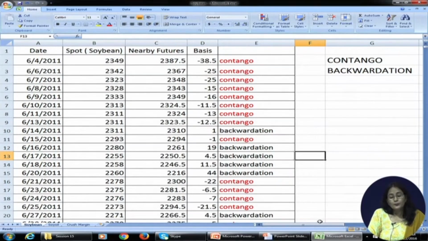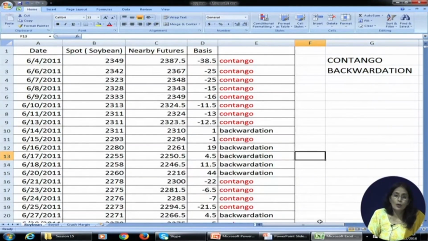So, let me start with how I have calculated the contango and backwardation. It is a simple Excel calculation. You have the spot price of soybean in column B and the nearby futures price, that is M1, in column C, and you have calculated the basis.